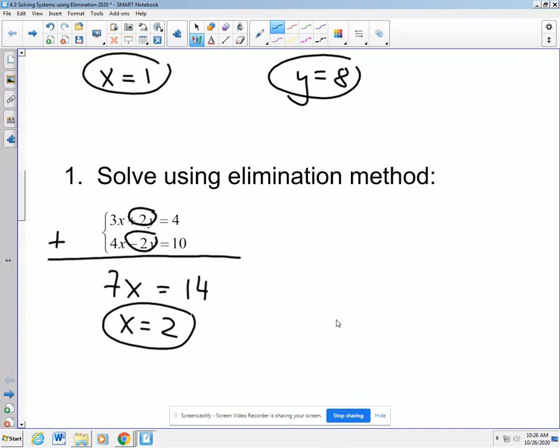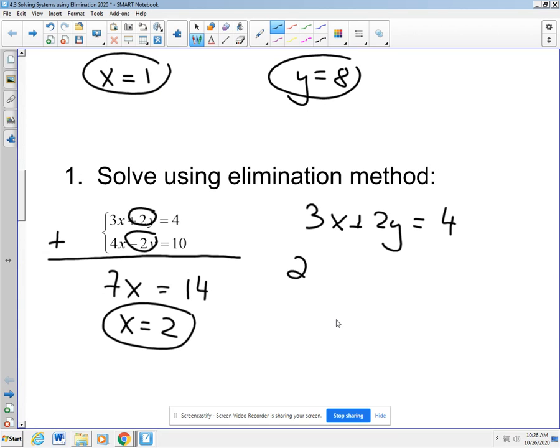How do you get the other variable? Let's substitute 2 into either the first or second equation. I will pick the first equation, 3x plus 2y is equal to 4. So let's substitute.